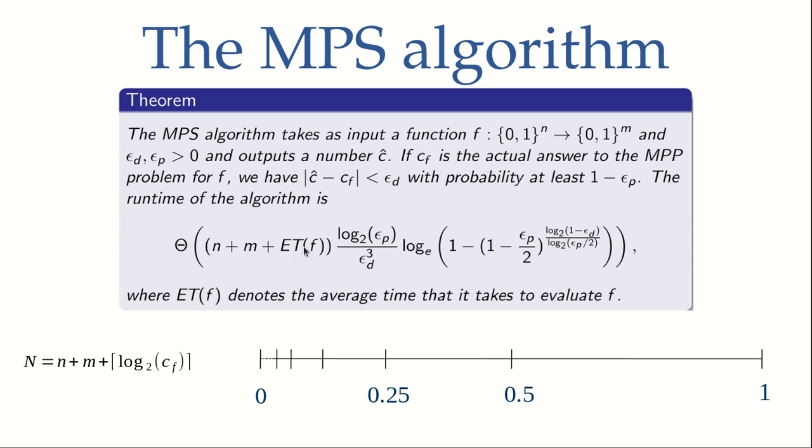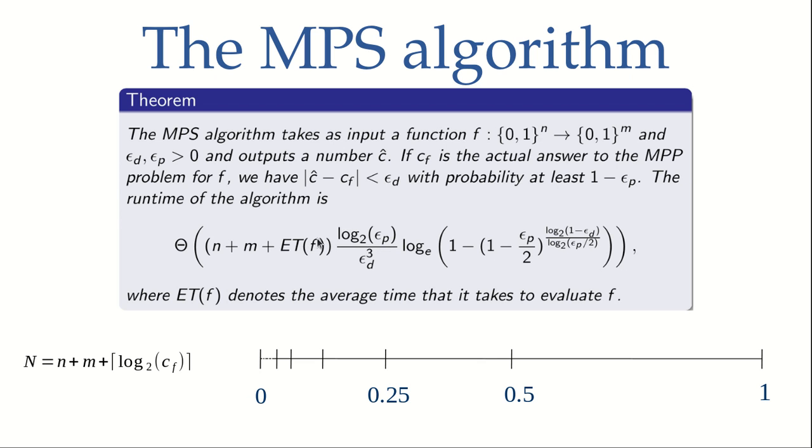So we have here one part and here another part, and this is the only part that depends on n and m, so on the actual size of the function, and all of this part does not depend on either n or m, but only on these error probabilities and on the precision of the result.